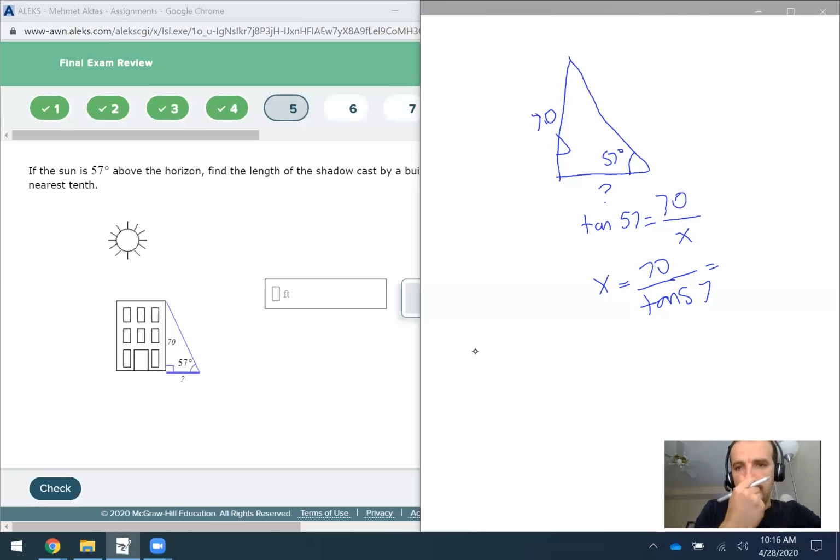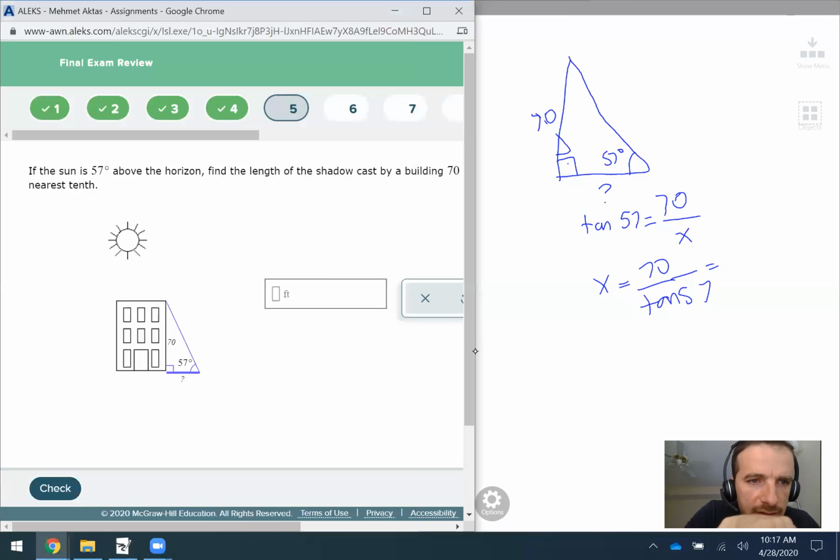You see, this is the right triangle part, right? Find the length of the shadow cast by the building. It's asking for this part, and I know that the building is 70, and that angle is 57.